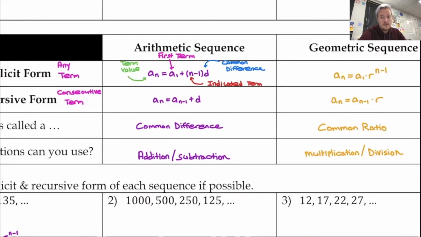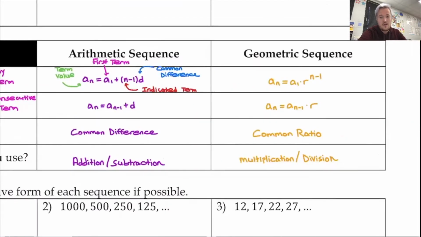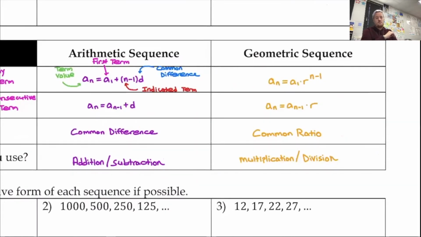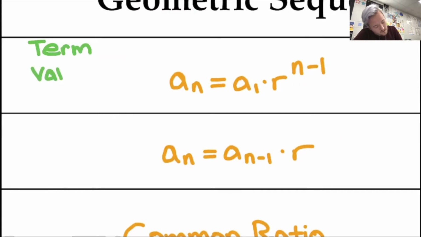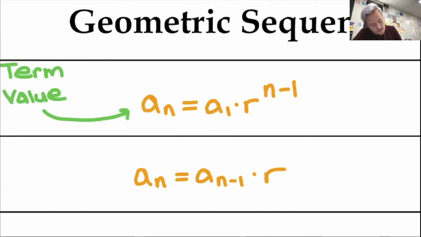So it's the same idea. However, the explicit form is going to look a little bit different. So kind of the same idea, we have the term value, which is your A of n. And we're going to have the first term, which is your A of 1.